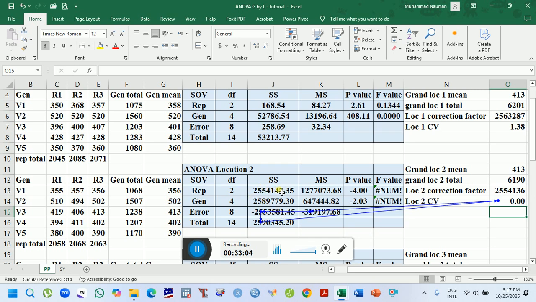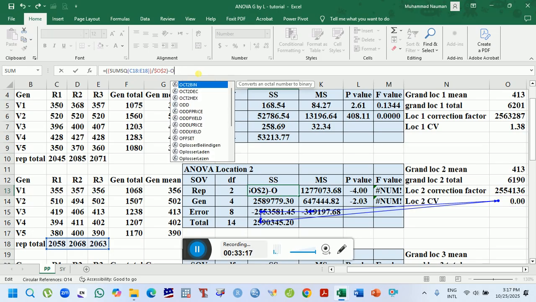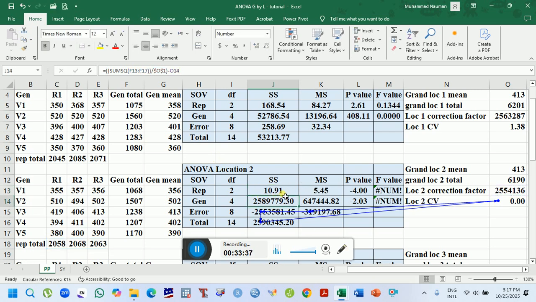Okay, now we will correct the replication sum of square. Remove this O14 or replace it with O13, because the address of this cell is 13. Press enter, it will get corrected automatically.